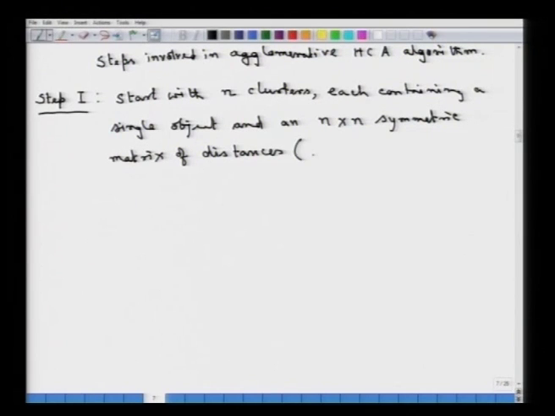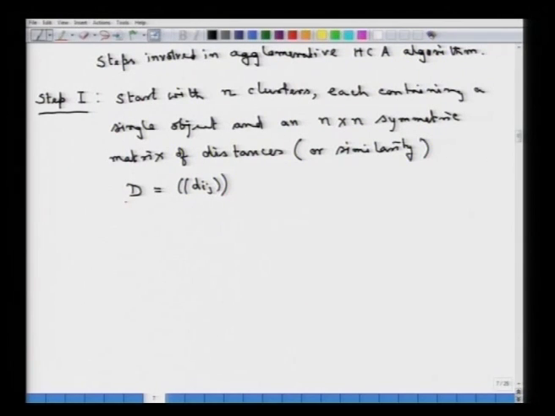One can have a distance matrix or one can have a similarity matrix, depending on the problem, given by a matrix D which contains the entries d_ij.